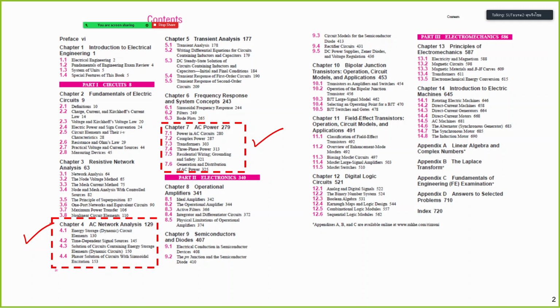I select some basic concepts for you, because at least you should know how to solve AC network analysis and how to compute the power in an AC circuit, in terms of watt, reactive power in terms of var, apparent power in terms of VA, and what complex power and three-phase power are. The power in a factory or a large building usually uses a three-phase electrical system like this.